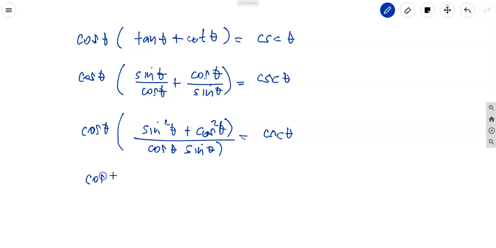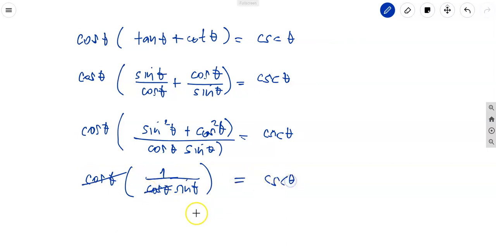So therefore you will have cosine theta times 1 over cosine theta sine theta. Then multiplying, we cancel, and we get 1 over sine theta, which is also equal to cosecant theta. So therefore this one is verified.